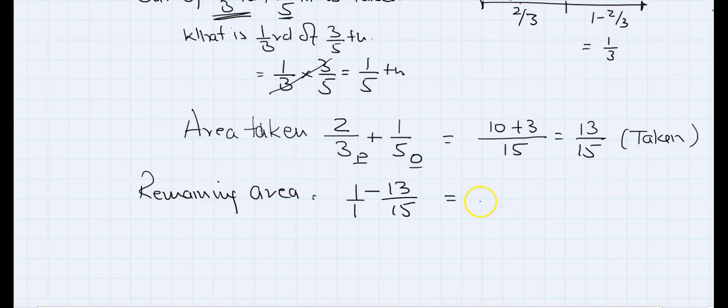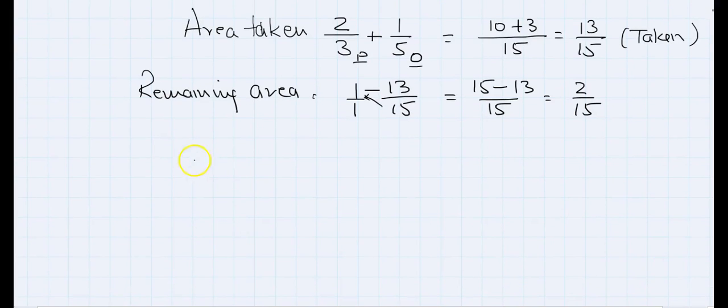Again we multiply. 15 times 1 is 15, and 15 minus 13 is 2, equal to 2/15. So we can say that 2/15 part is taken for the warehouse.